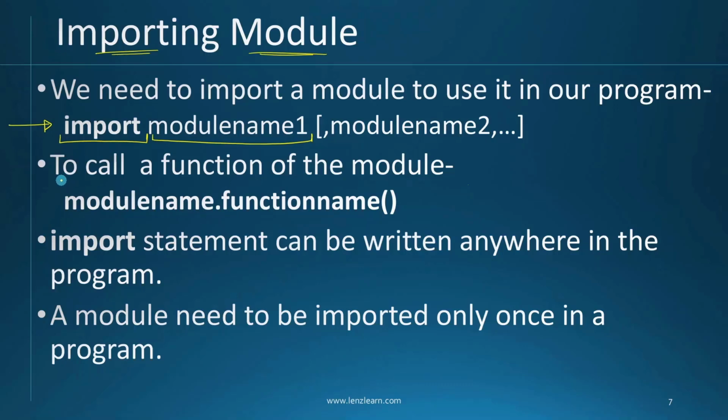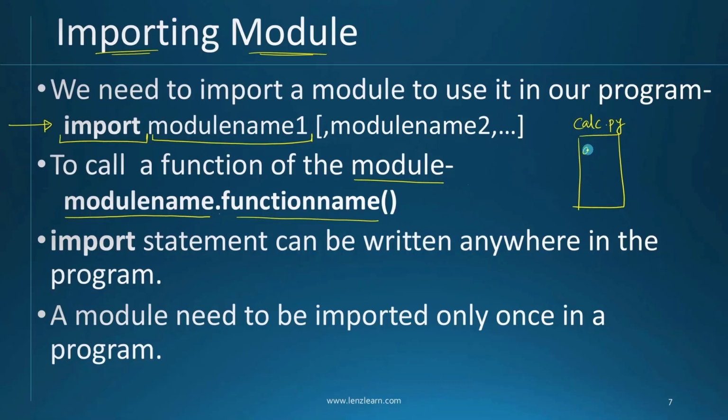Now to call a function which is defined inside a module, as I have told you before, you have to use the module name dot function. For example, if I create a module with the name calculator.py, okay, I will name it calc.py.